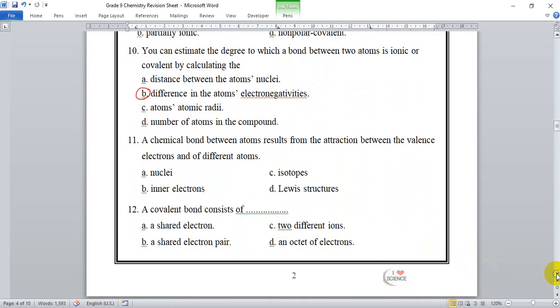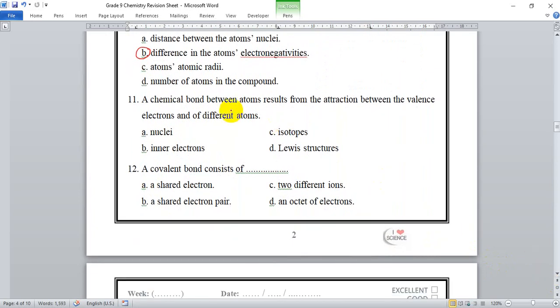Number 11. A chemical bond between atoms results from the attraction between the valence electrons and what of different atoms? The attraction between the electrons and nuclei, inner electrons, isotopes, or Lewis structure. The attraction between the valence electrons and nuclei. Number 12.